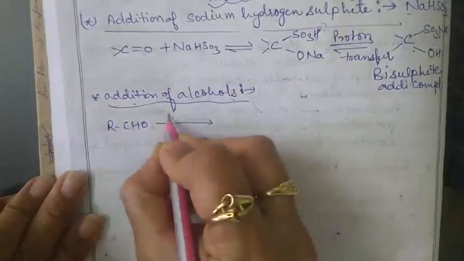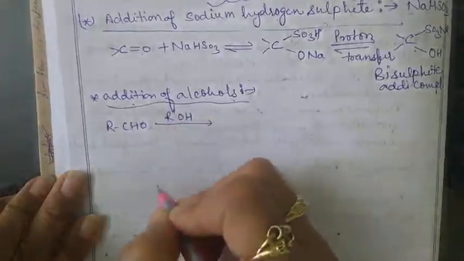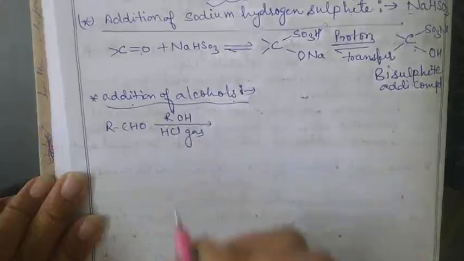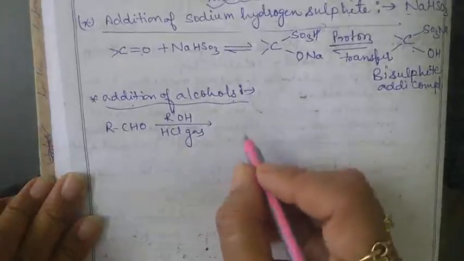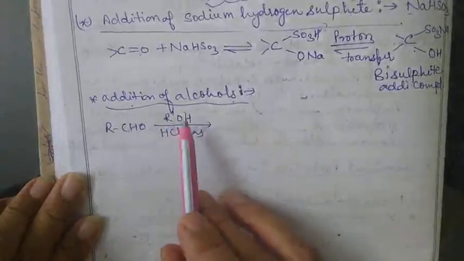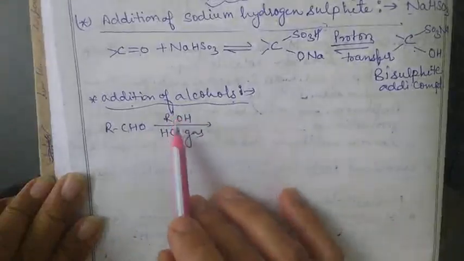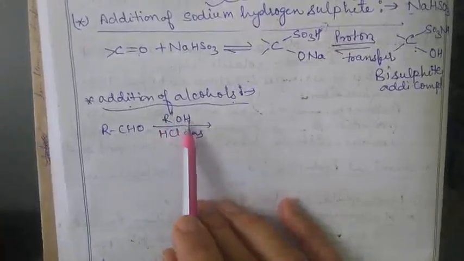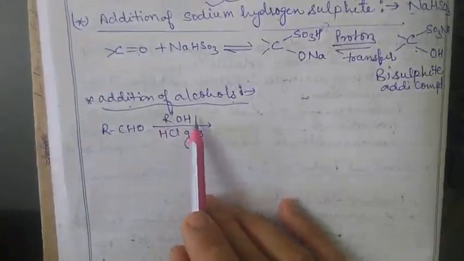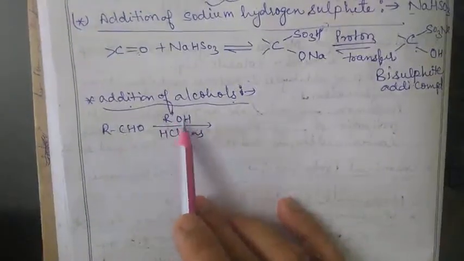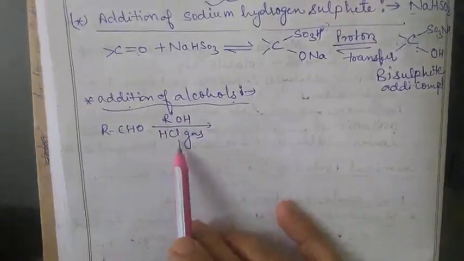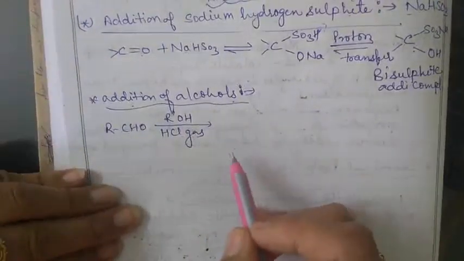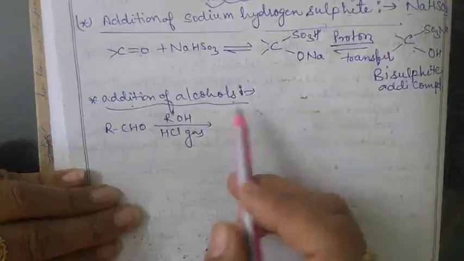When it is treated with alcohol in presence of HCl gas, the aldehyde reacts with one equivalent of monohydric alcohol. Why monohydric? Because only one OH group is present. That's why it is known as monohydric.